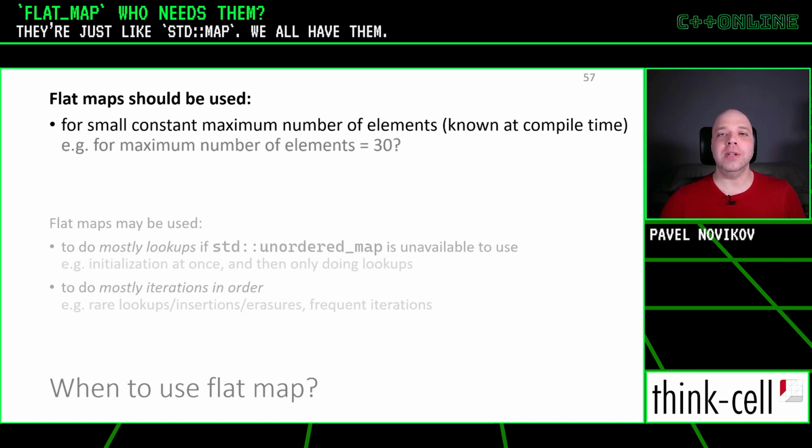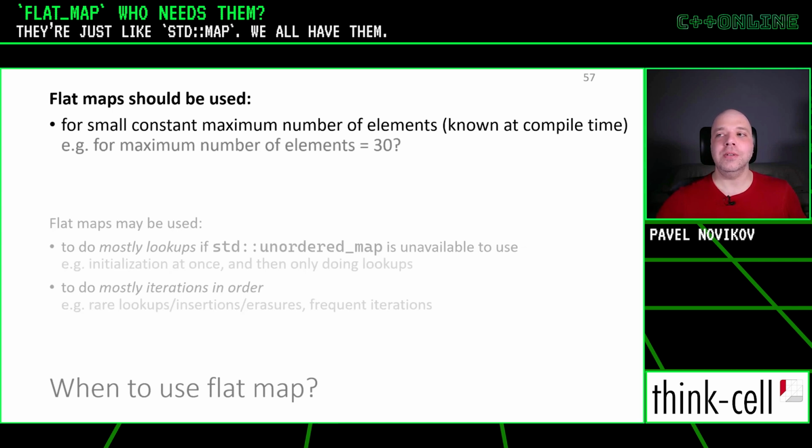Otherwise, you can get into very bad performance, because for a large number of elements, performance of flat_map is suboptimal. So my recommendation is to use flat_map for a certain number of elements or less.